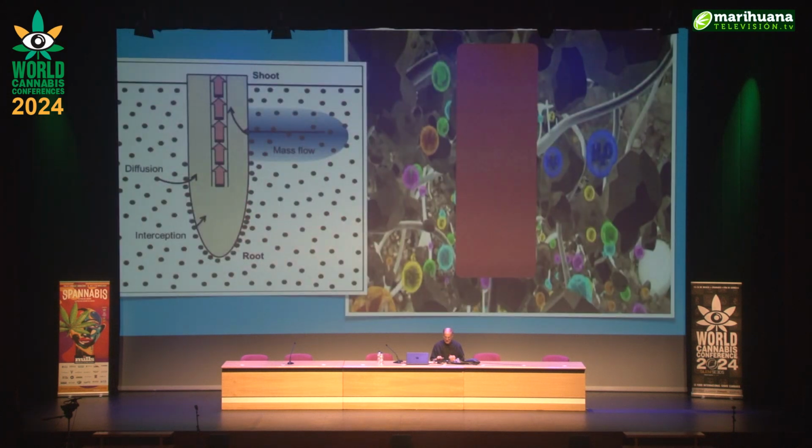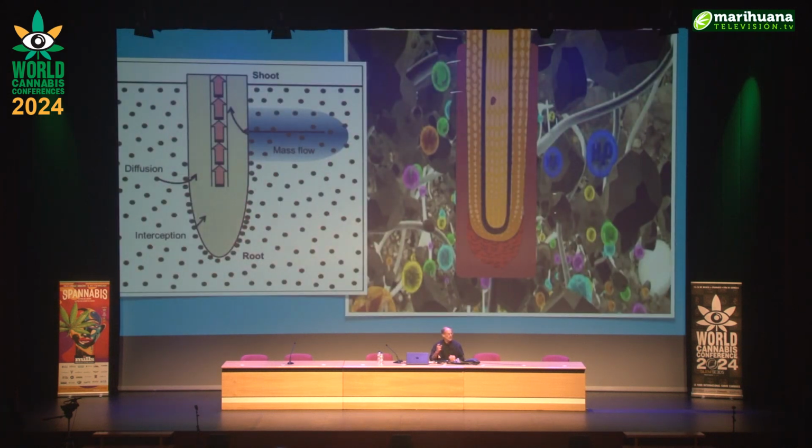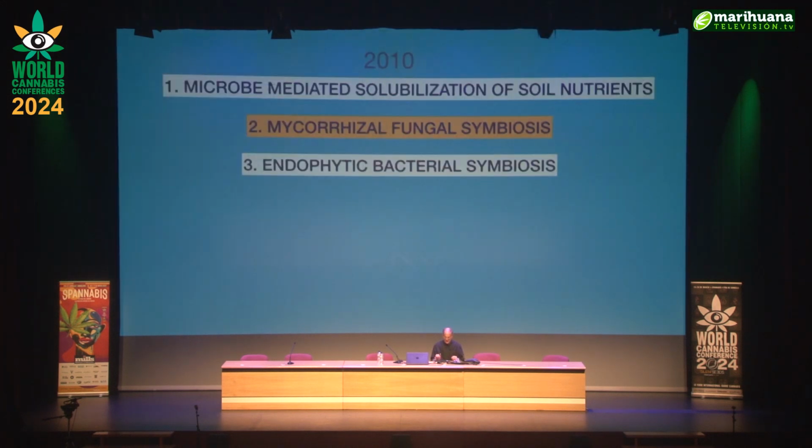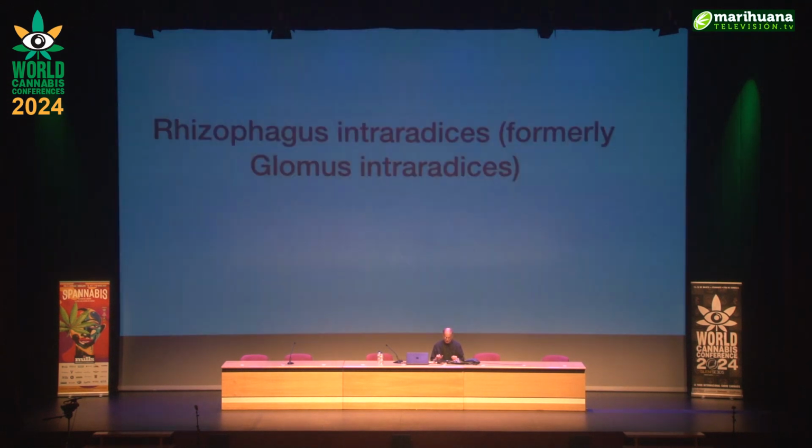So the way it works is the plant puts a root into the soil. There's a zone where all the nutrients are used up. The mycorrhizal fungi are attracted. They go out beyond the zone of depletion and bring stuff back for the plant. This is known as the mycorrhizal fungal symbiosis, or the fungal loop.